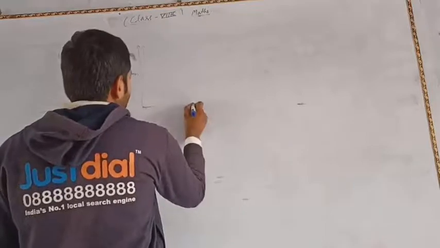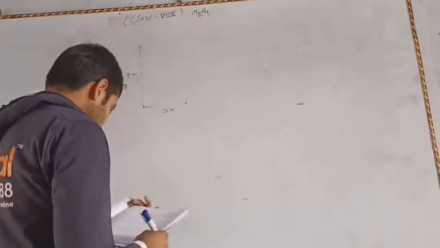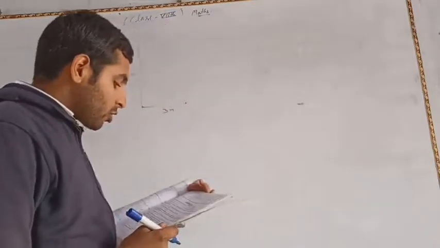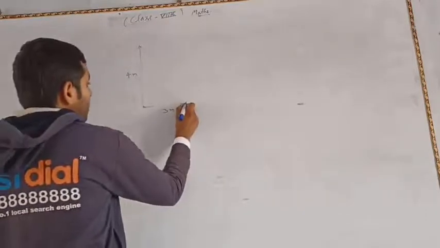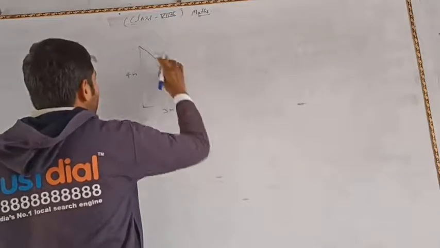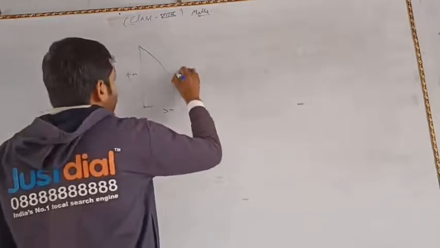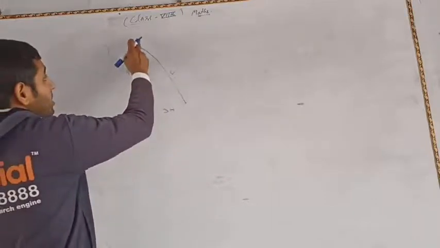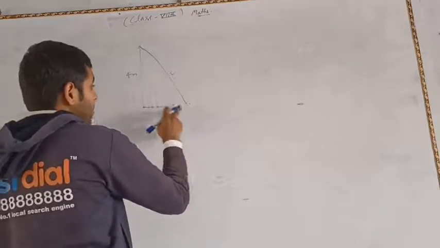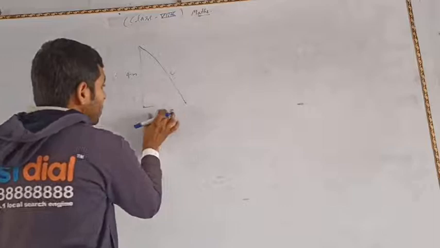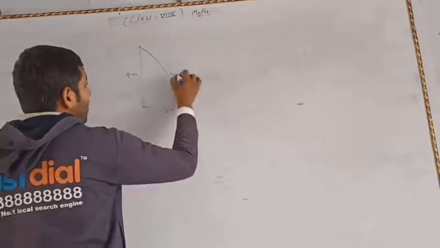Suppose a rope is tied from the top of the pole to a point 3 meters from the bottom of the pole. What will be the length of the rope?